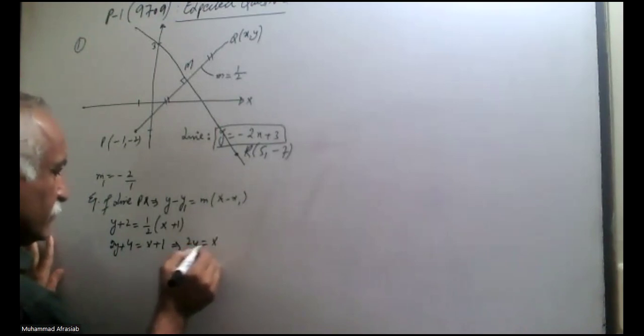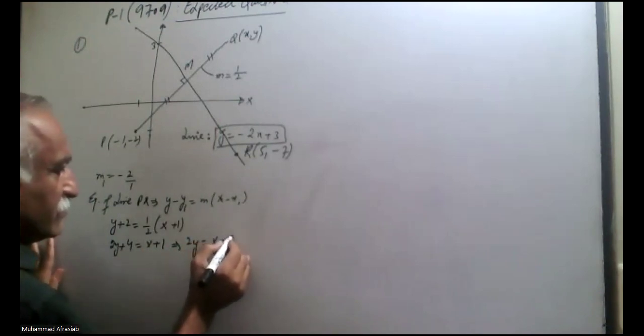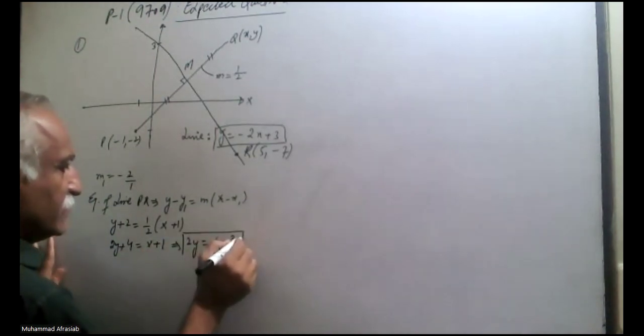The slope is half into x plus 1. This gives 2y + 4 = x + 1, or 2y = x - 3. This is the equation of the line PQ.